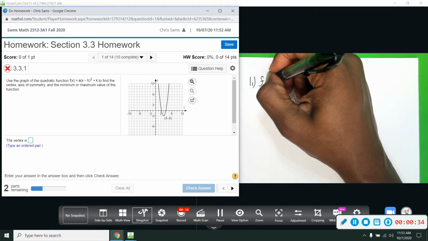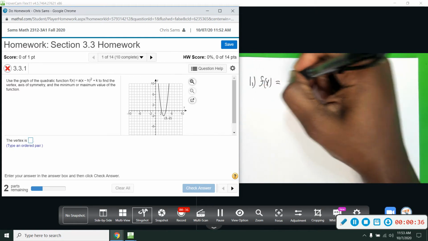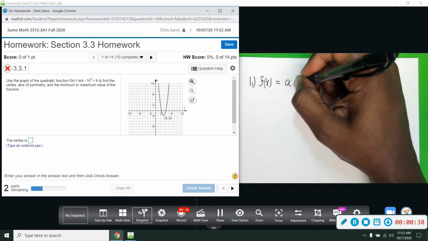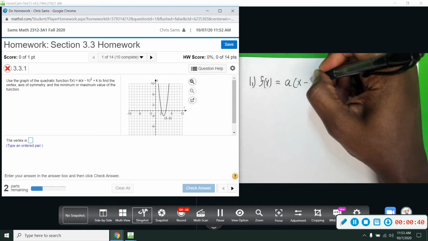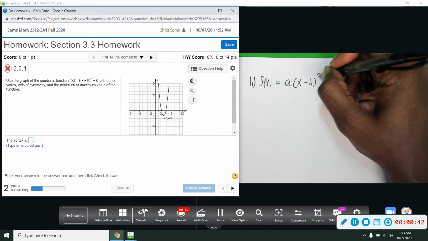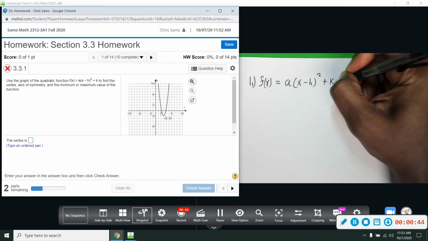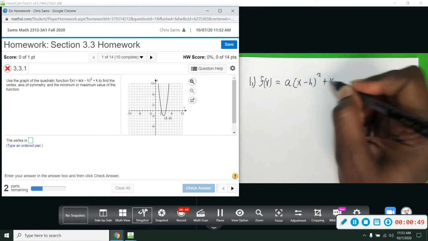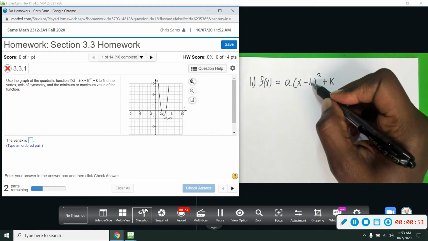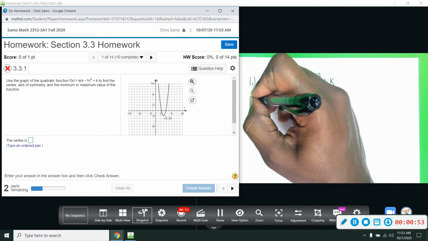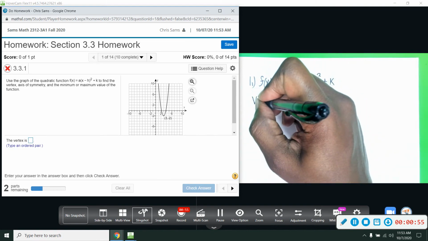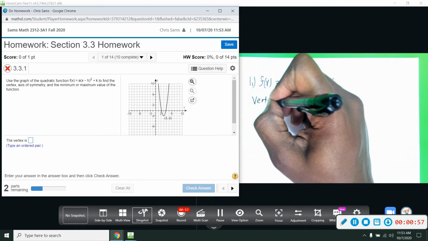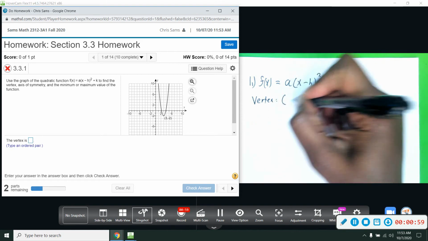f of x equals a times the quantity x minus h squared plus k. All right, so the vertex is going to be given, when you have this function in vertex form, by (h, k).